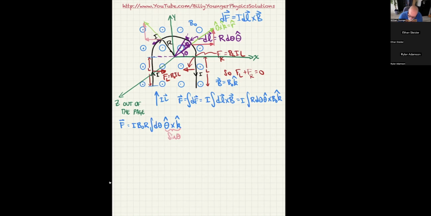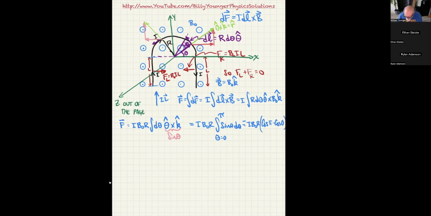So we can now say this is going to be I times B0 times R times the integral of sine theta d theta from theta equals 0 to pi, like that. And of course, the derivative of cosine is negative sine. So the integral of sine is negative cosine. So I'll get I B0 R times negative times cosine pi minus cosine 0.